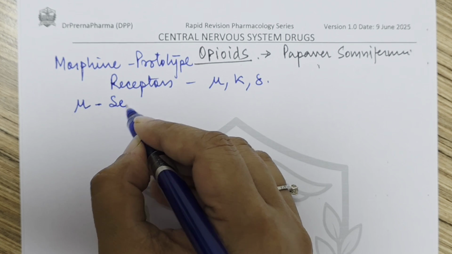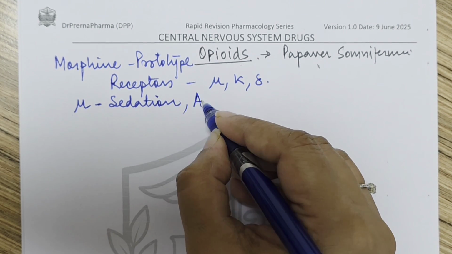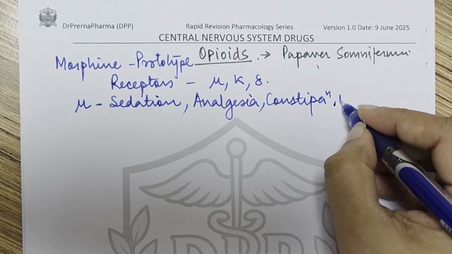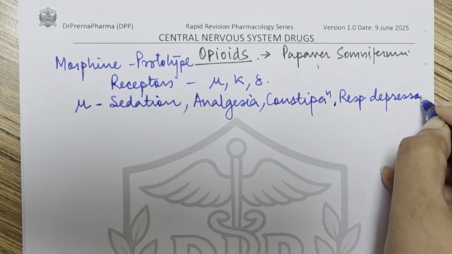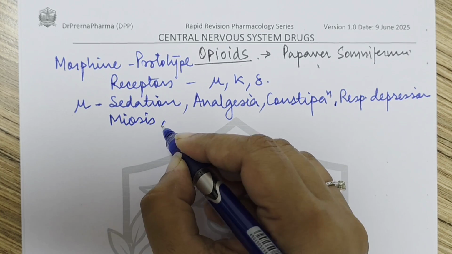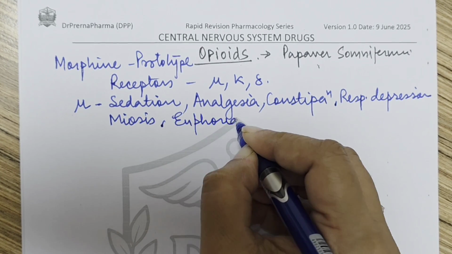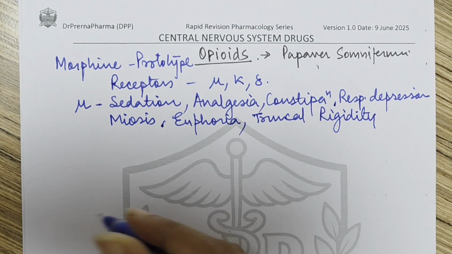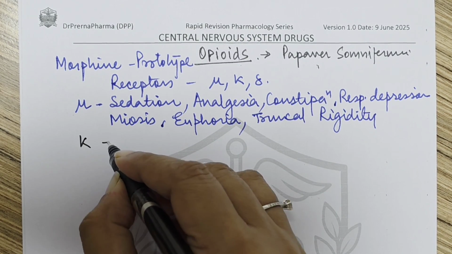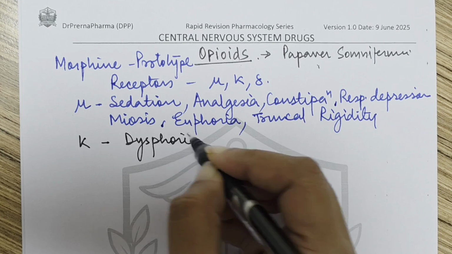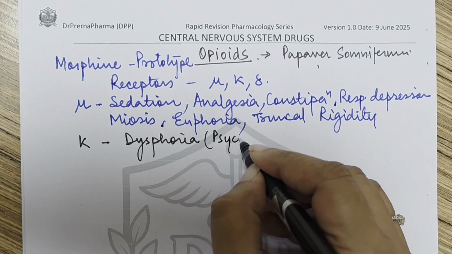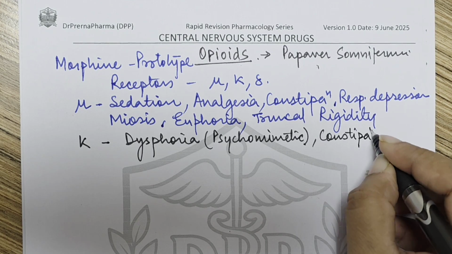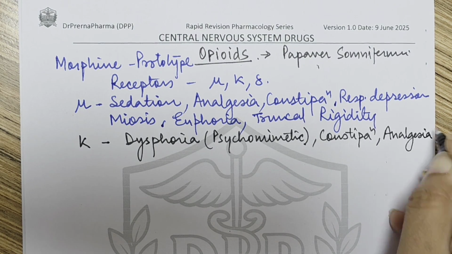Mu receptor mediates sedation, then analgesia, constipation, respiratory depression, constriction of pupil, that is miosis, euphoria, and truncal rigidity. So you can say that the majority of the actions of morphine are mediated by mu receptor. Then kappa receptor mediates dysphoria, not euphoria, dysphoria, that is psychomimetic effects are there. Then it also mediates constipation and analgesia, right?